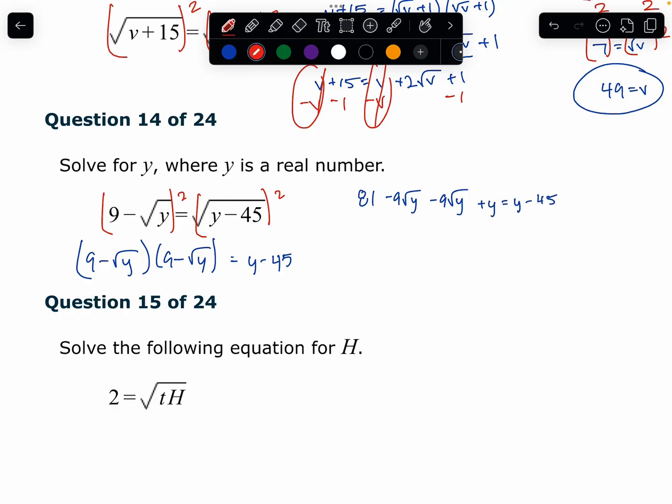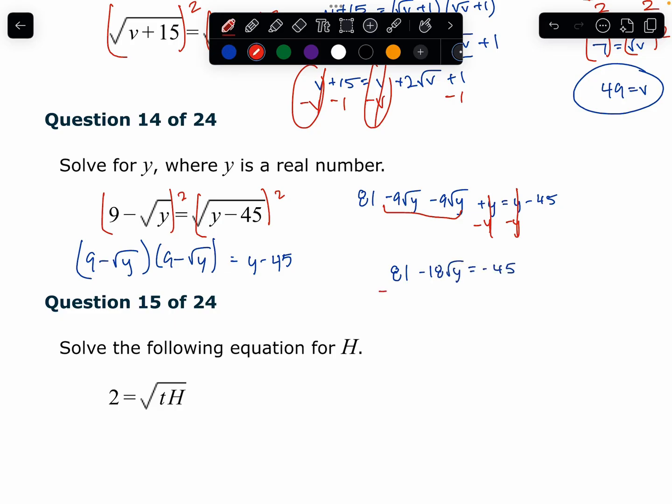Now, when I subtract the y from the left side, I also subtract it from the right side, so there's no y's right there. So on the left side, I'll have 81 minus 18 root y equal to negative 45.